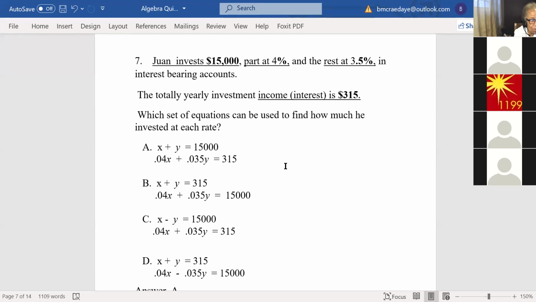No, you can't do that, because they say part at 4 and the rest at 3.5. So we need to know what amount is the part and what amount is the rest. Because when I do it this way, I get a number that's bigger than the 15,000.